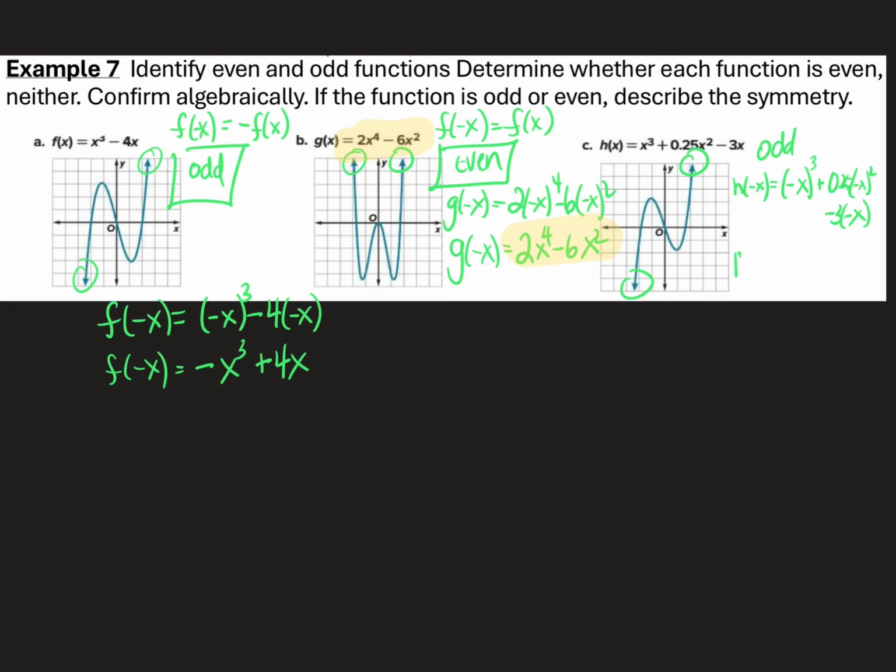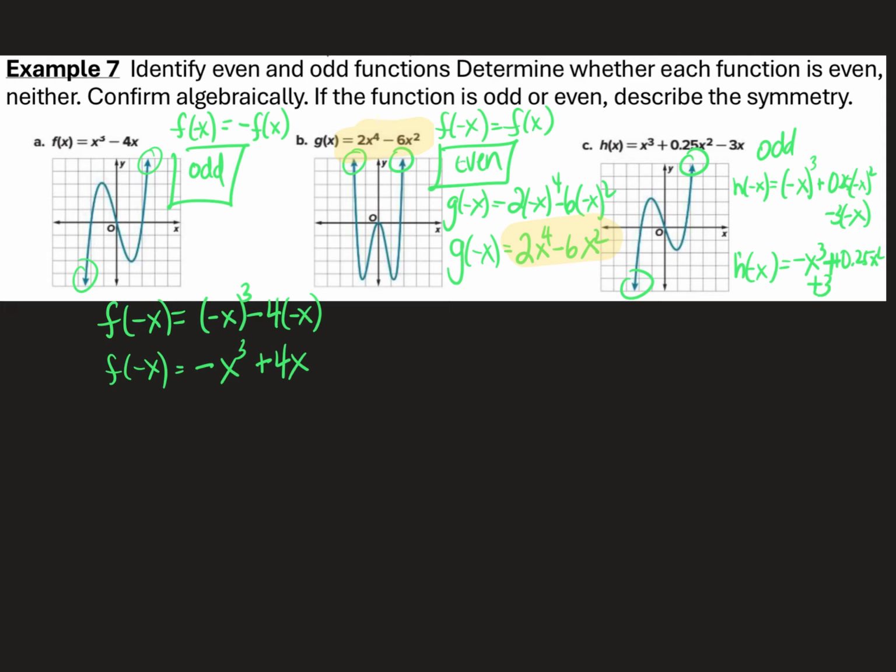So let's do what I know. Negative x cubed would be negative x cubed. Negative x squared would be negative x times negative x, which is positive x squared, which does not change this plus sign to a minus. And then negative 3 times negative 1x is positive 3x.